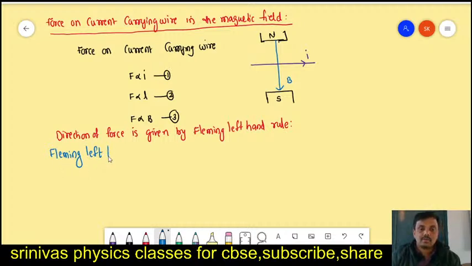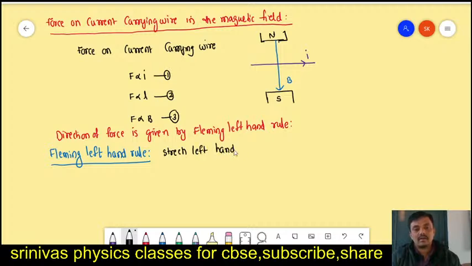The Fleming left hand rule is used to know the direction of the force. Then what is the Fleming left hand rule? According to the Fleming left hand rule, stretch the thumb, forefinger and central finger of the left hand mutually perpendicular to each other.